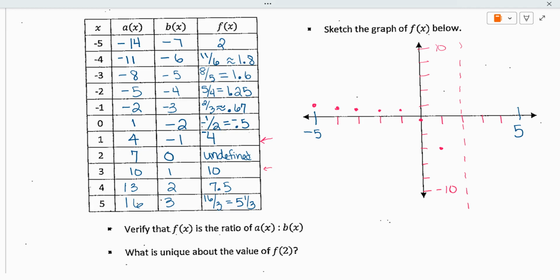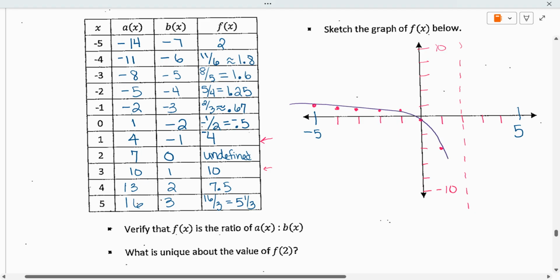So why did I draw a dashed line there? Well, because it's undefined. That means that I can never let x equal 2. So listen up. So this side of my graph kind of looks like this. Right? So what does the other side of my graph look like?